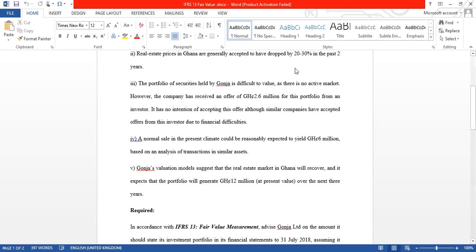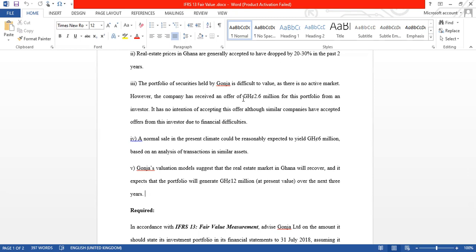That is, the asset has no active market. That is one thing I observed. And then that takes level 1 out. Yes. So you are left with level 2 and level 3, as you said.